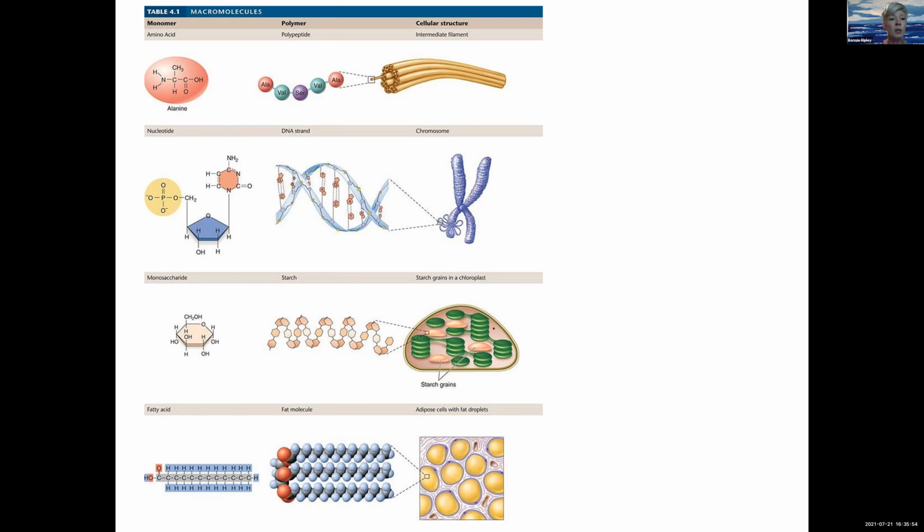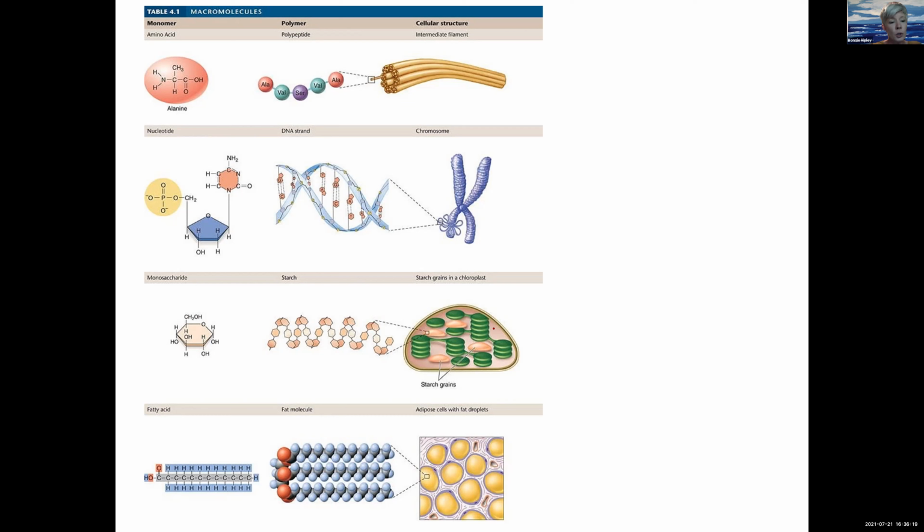We call that a monomer. Those monomers are fastened together to make a dimer if we only have 2 together, and when we have many fastened together, we have a polymer. The macromolecules usually refer to the polymer form, and then they build themselves into something that we see in an actual cell level structure.